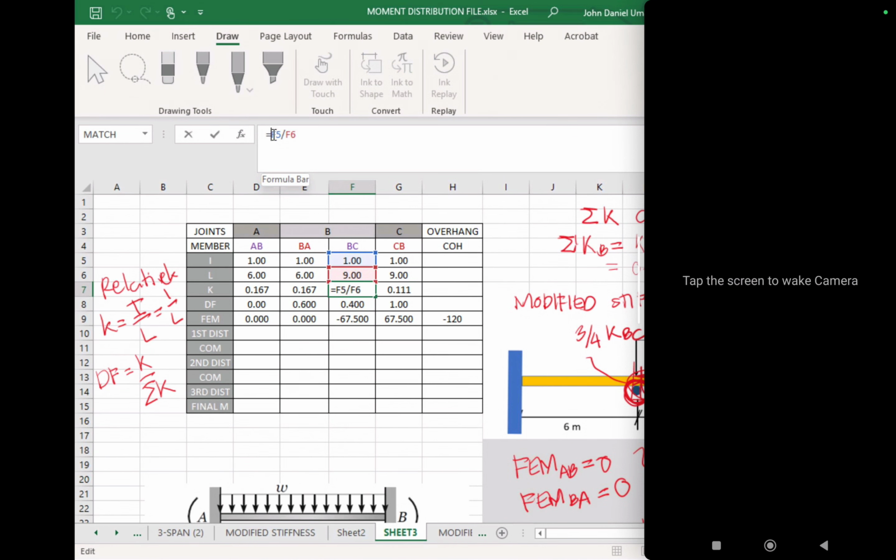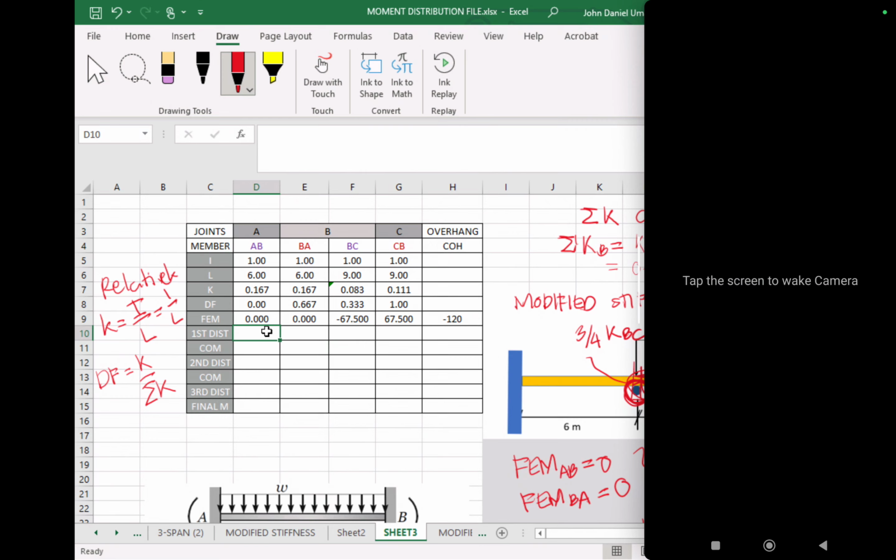So, maglagay tayo ng factor na 3/4 sa harapan. 3/4 times yung original K natin. Yan yung magiging modified stiffness natin. Okay, as you can see, pag pinag-add pa rin natin itong dalawa, it will be equal to 1 pa rin.